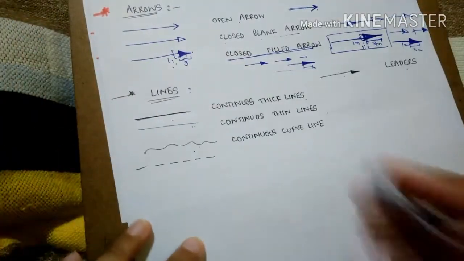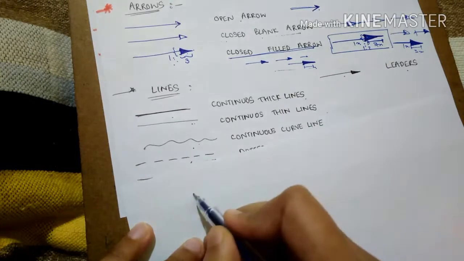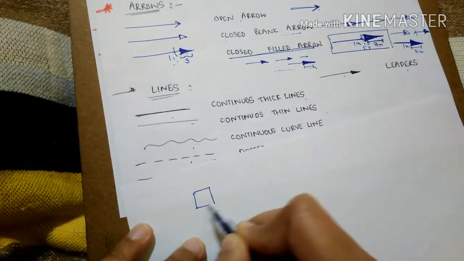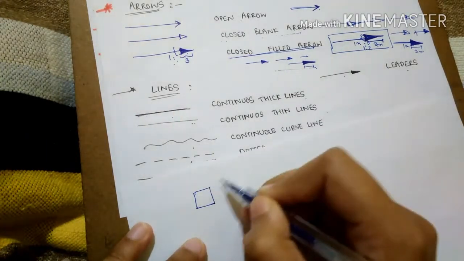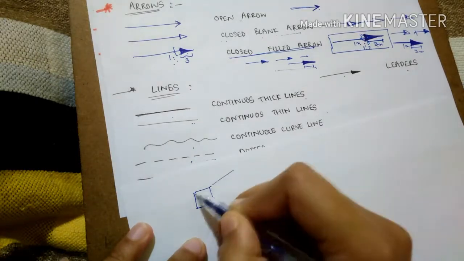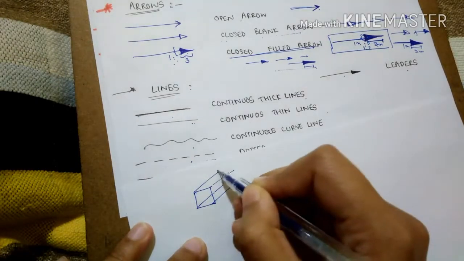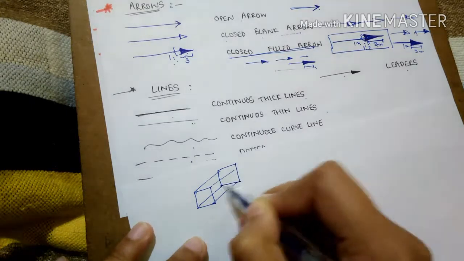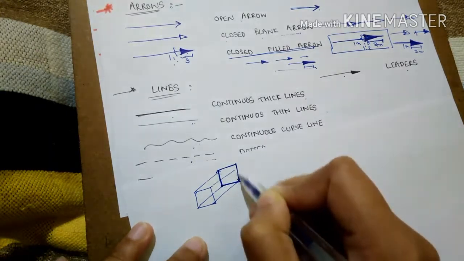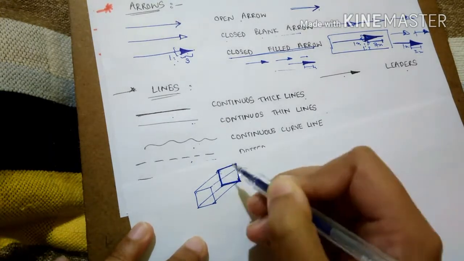So coming to the continuous thick lines, if you have a small object, okay, consider this square. If you are projecting this and you get an image of this square, so this square image is the real true image you are getting after projecting it.